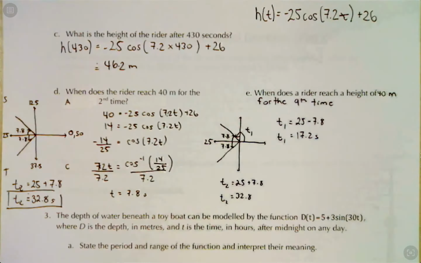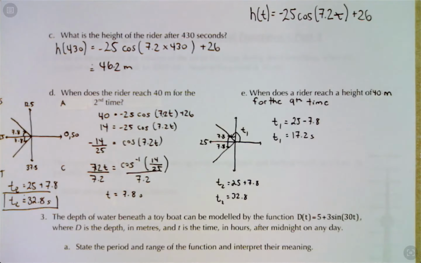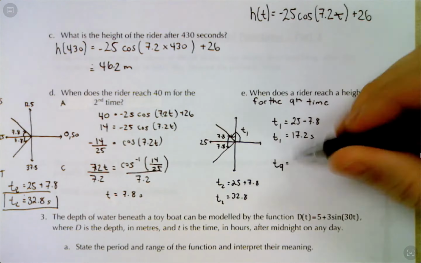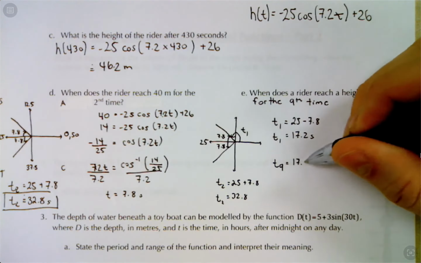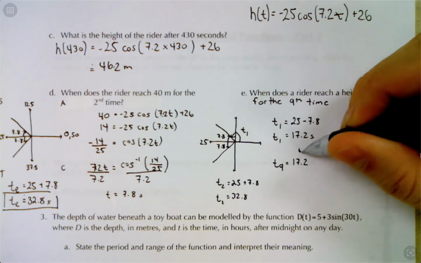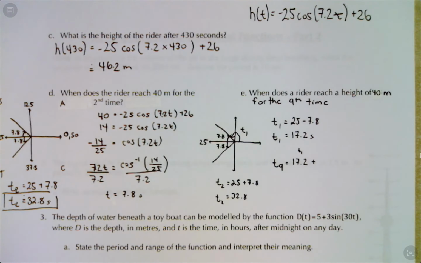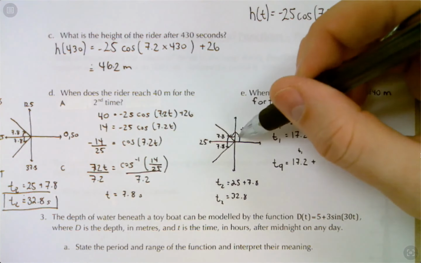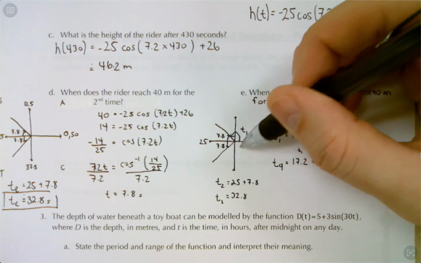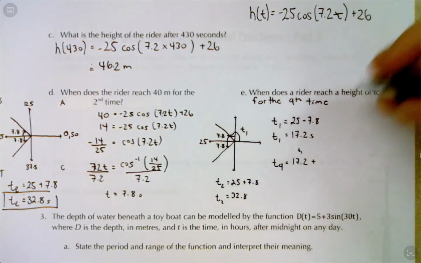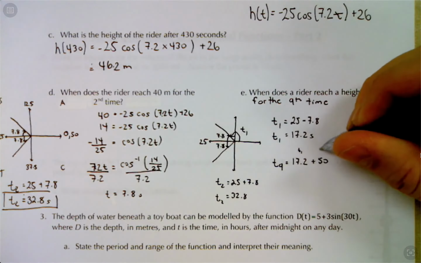So now if we want time 9, we would take 17.2, our answer for time 1, and we would add the period. Our period's 50. If we add the period once, it would take us around one full rotation and then back to our first terminal arm, which would be time 3. So if we add 50, this gives us time 3.